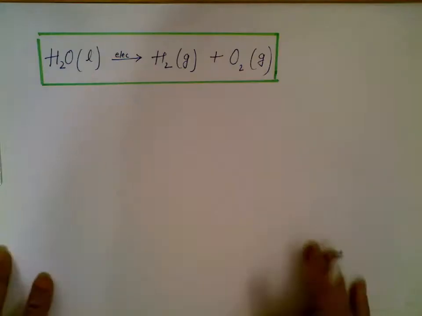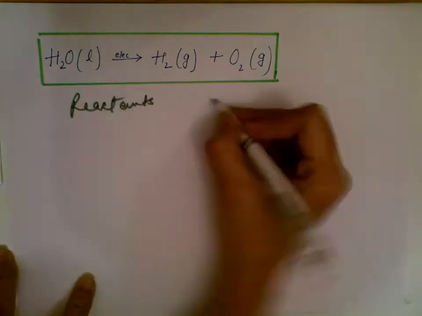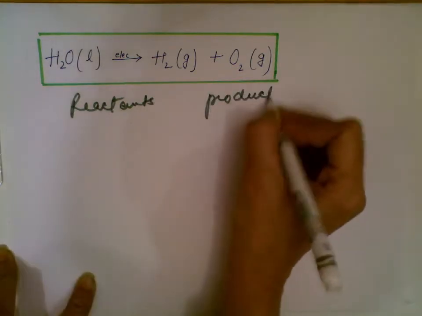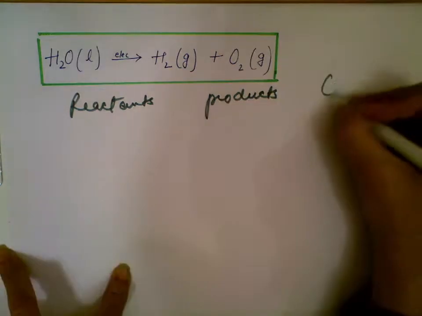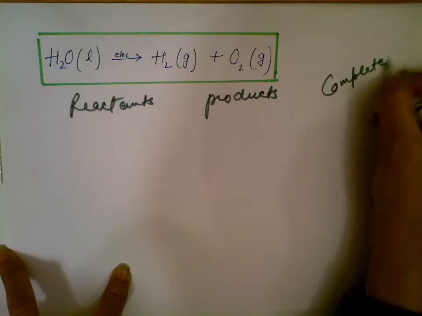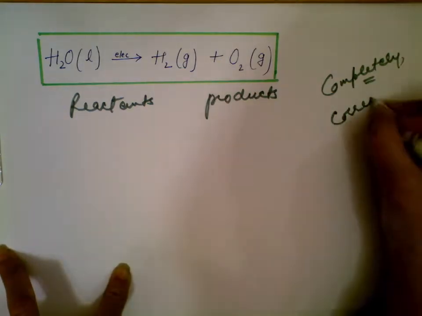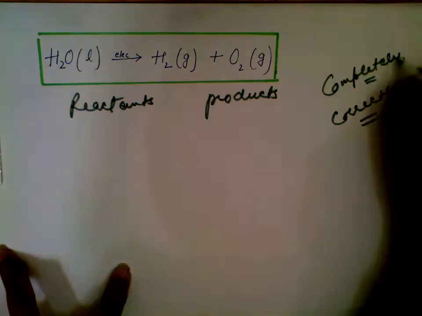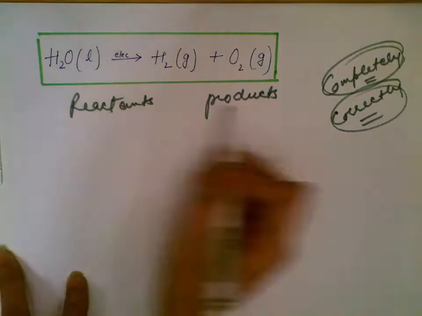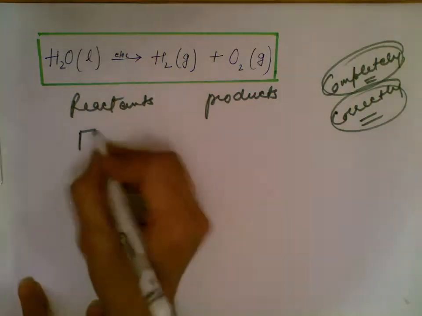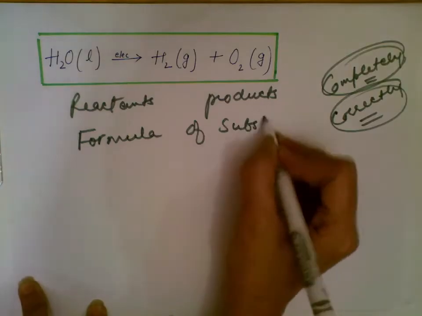So you can tell what your reactants are, what your products are from here, right? A completely written and correctly written equation can tell us what your reactants are, what your products are. It will also tell you the formula of the substances, right?